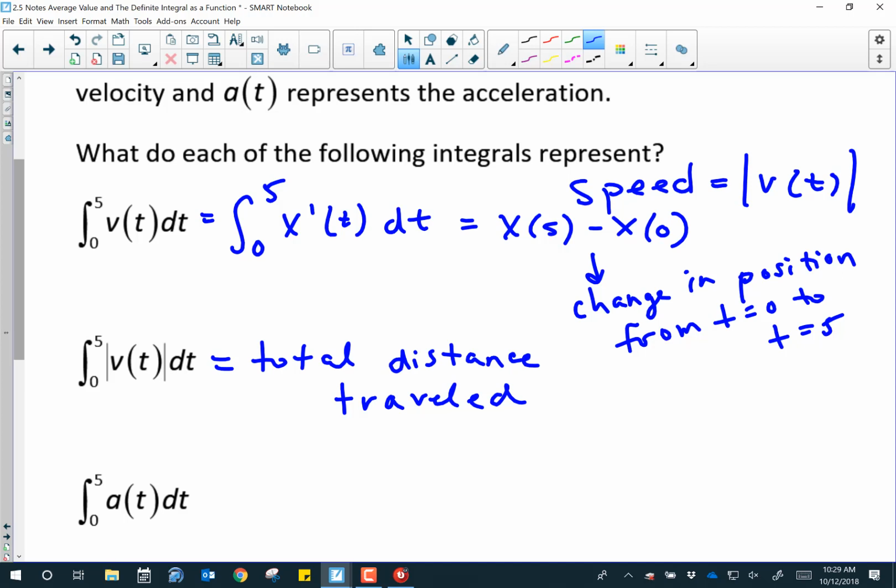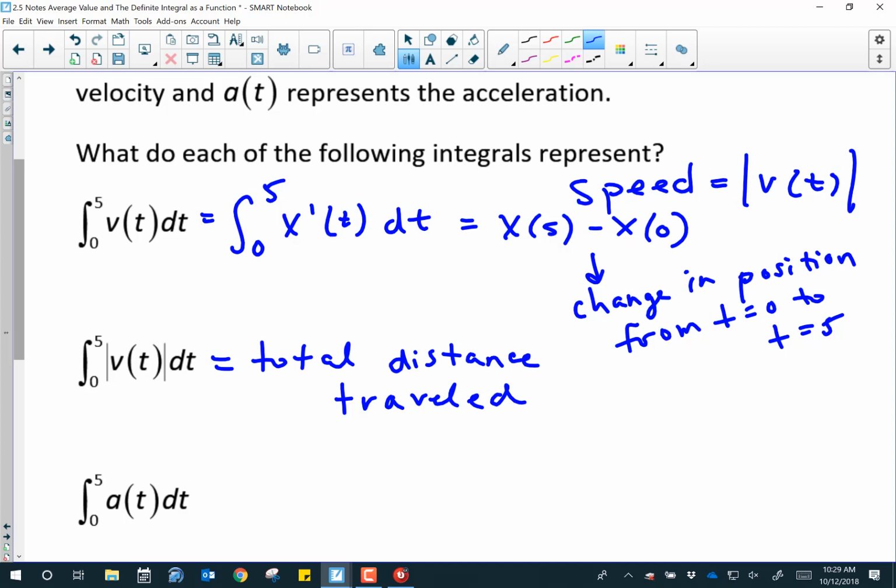So in finding that absolute value, we did a problem like this in previous notes where you have to split this up into the positive piece and the negative piece. Does that make sense? You find the positive piece integral, and then you have to negate the negative piece. Okay.